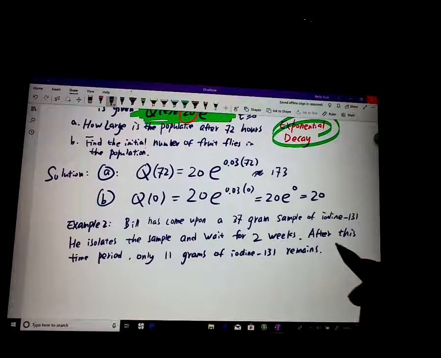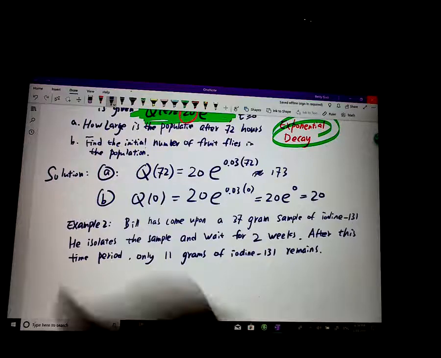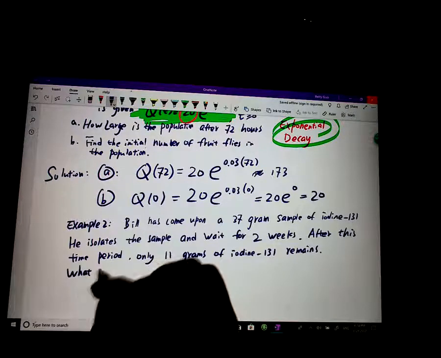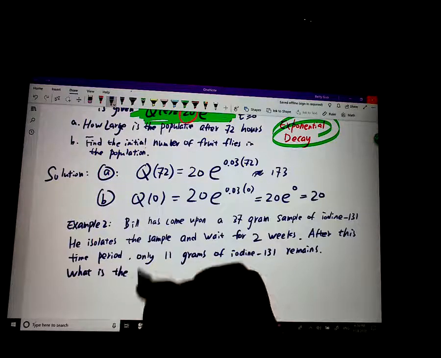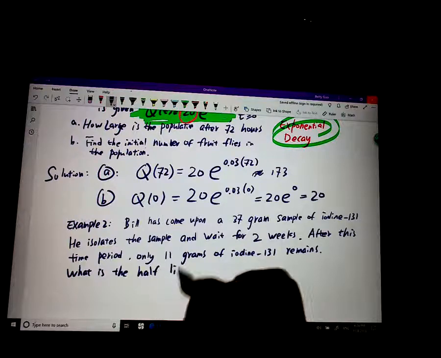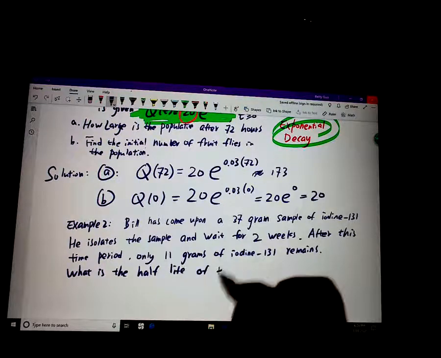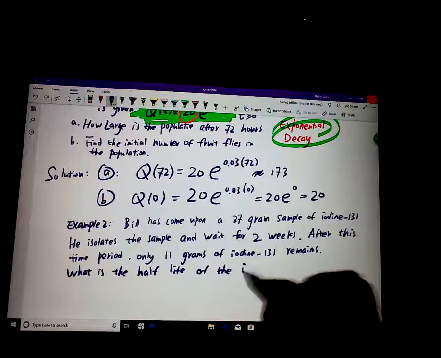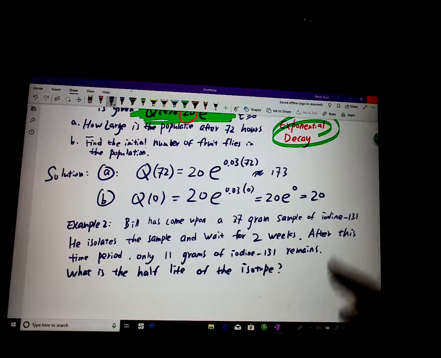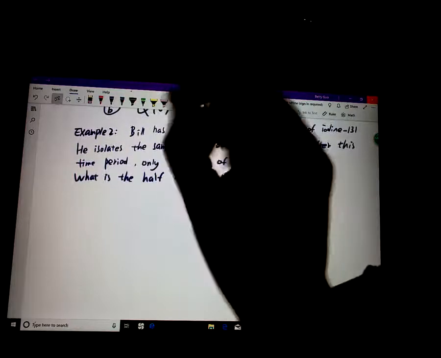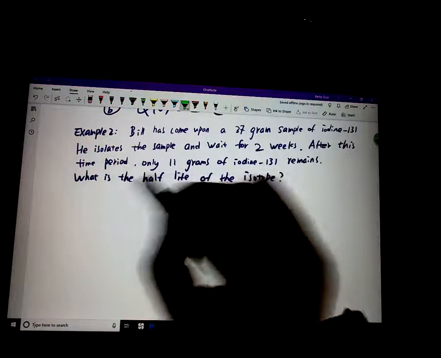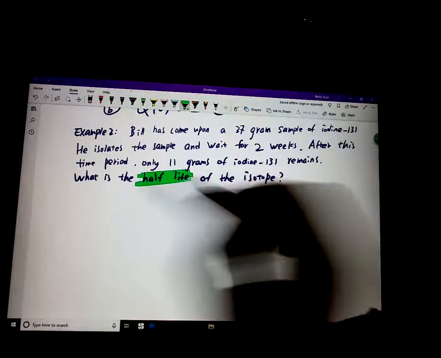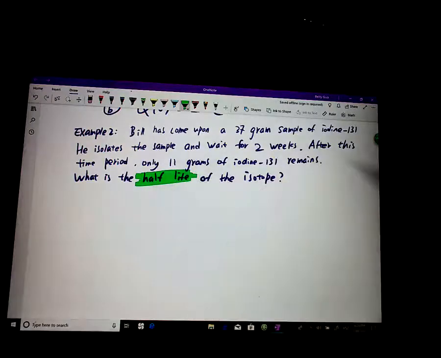What's the half-life of this isotope? What's the goal? The goal is very obvious in the last sentence. Half-life of the substance. How do we understand half-life?